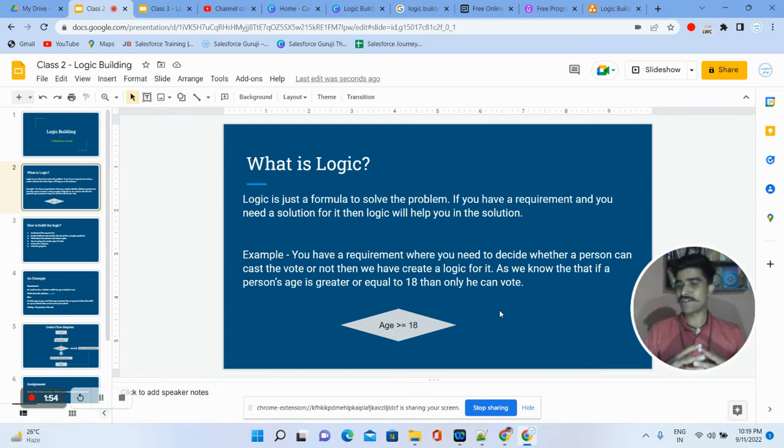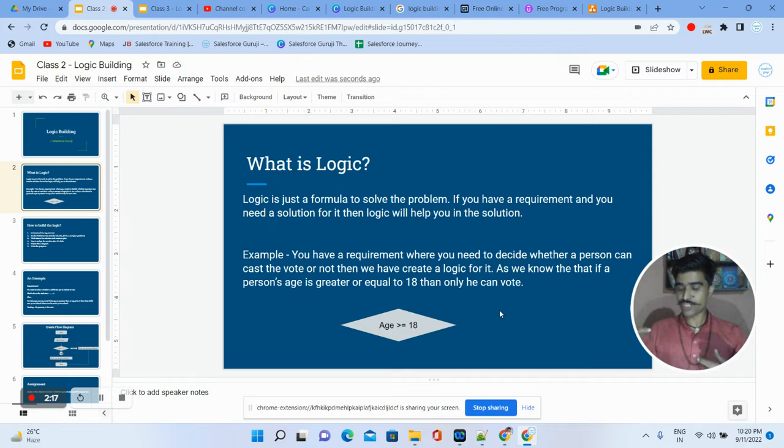Maybe we can have a complex requirement, but we need to think about the solution, meaning how we can relate to the solution. Suppose here we had a requirement to decide whether he can cast the vote or not. Then we have to think about the solution: who can cast the vote?